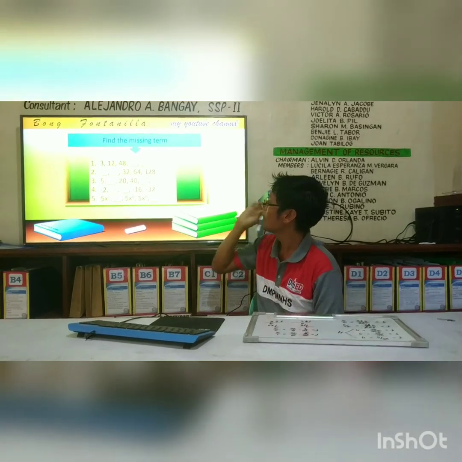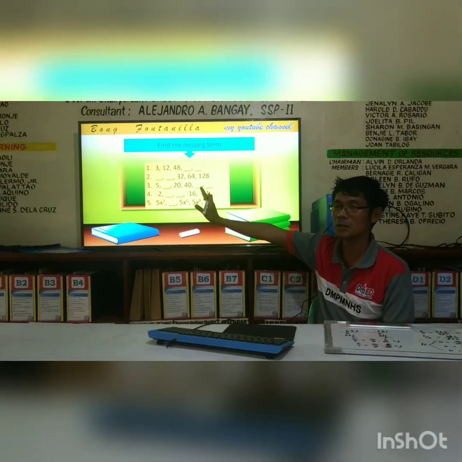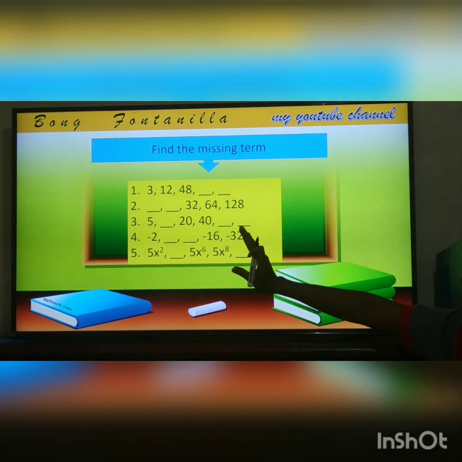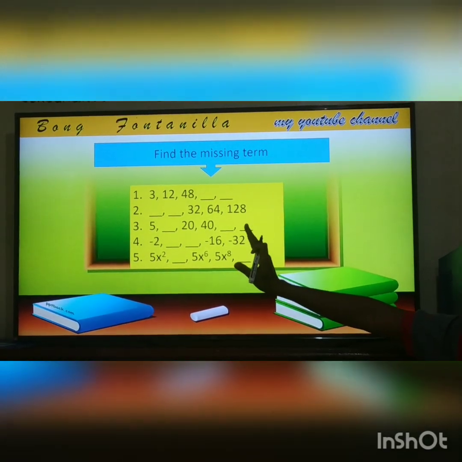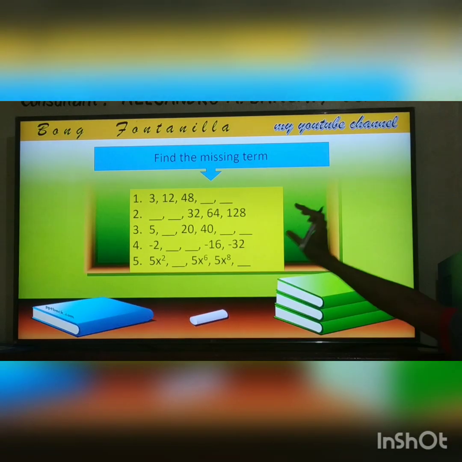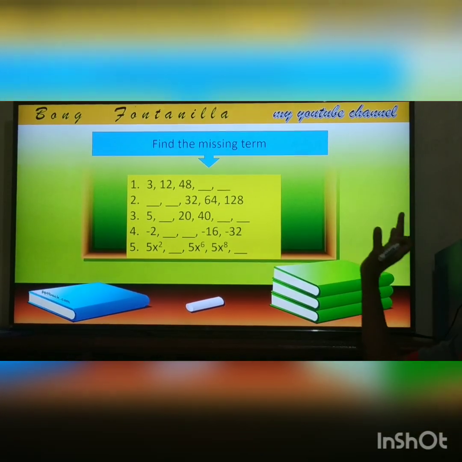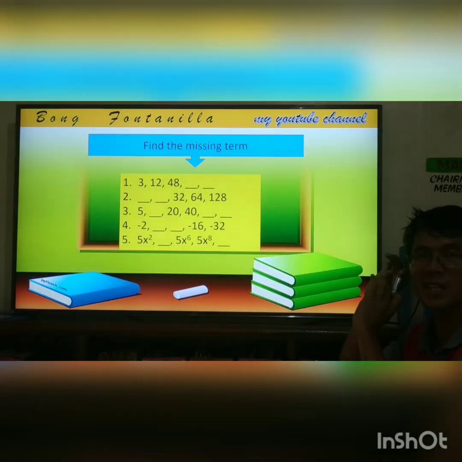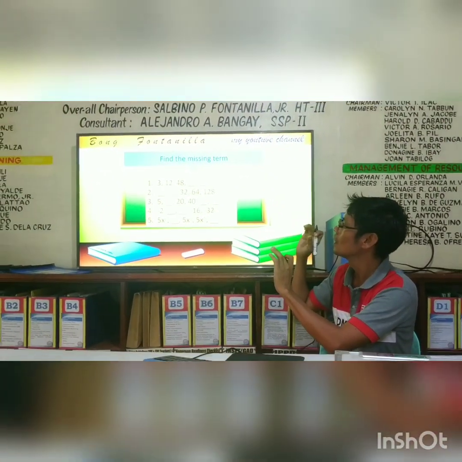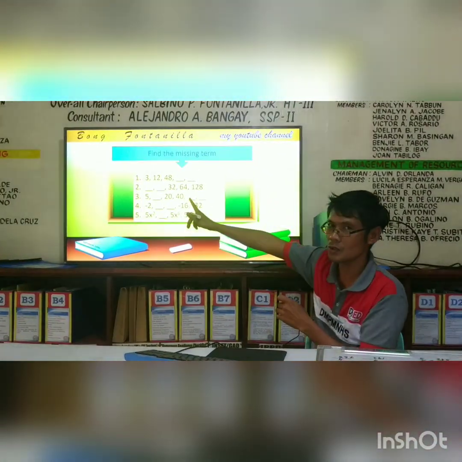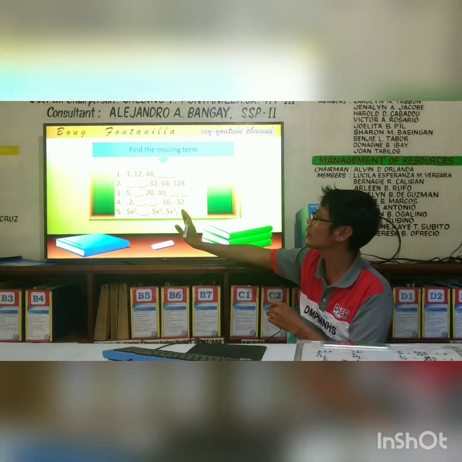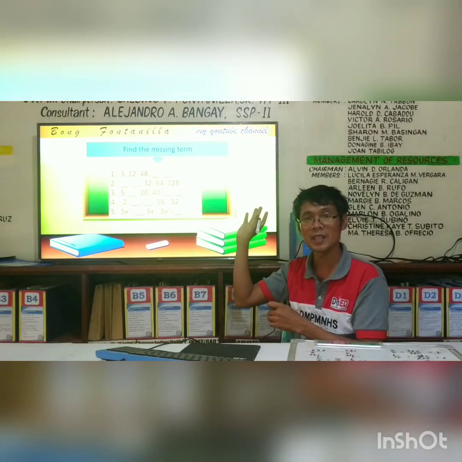Why? Let us try to consider number 2. Yeah? So if we are to compare example number 1 and example number 2, for number 1, you are working what? From left to right. While for number 2, it's simply going backward. Yeah? So you have there, you do not know the first term, you do not know the second term, but you do know the third, the fourth, and the fifth term.